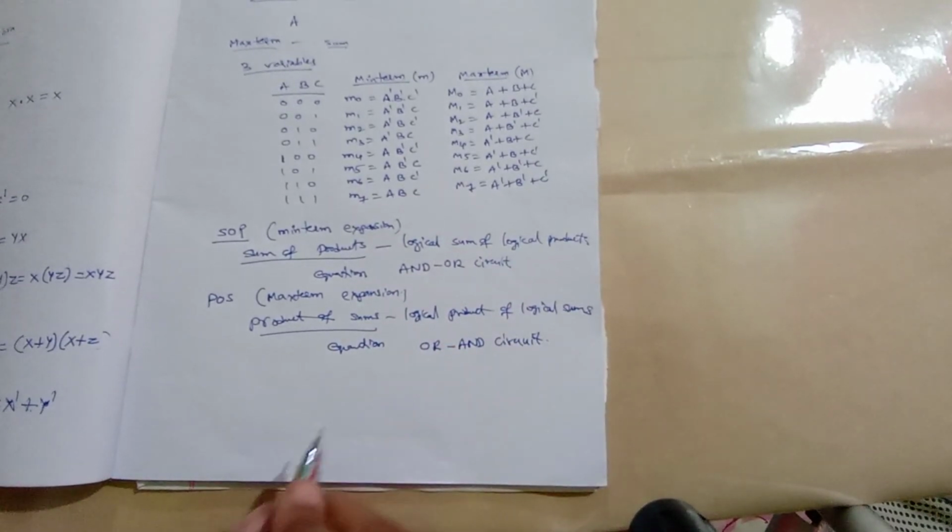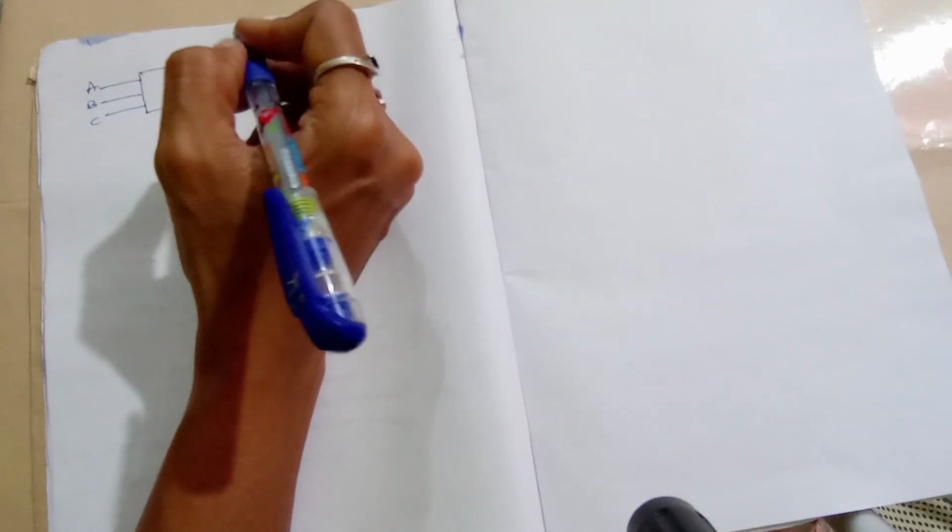Okay. Now we'll see the circuit. Combinational circuit. Here considering three inputs A, B, C, and the function f is the combinational circuit.